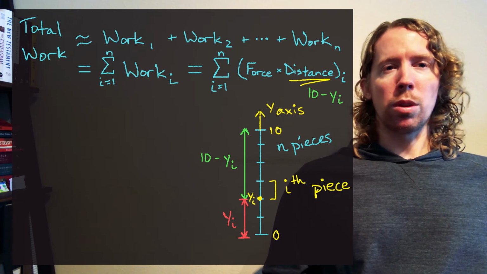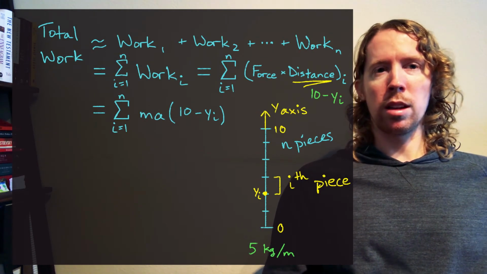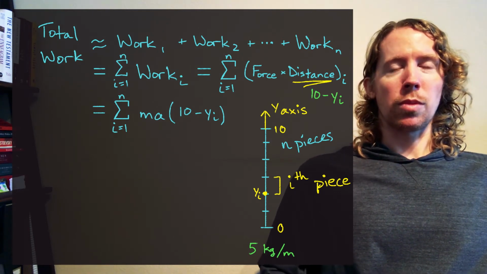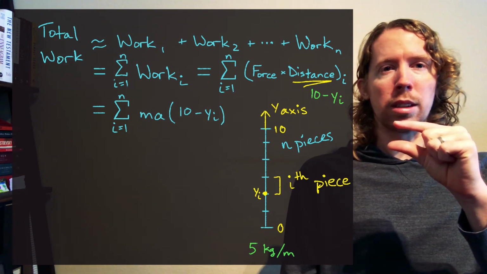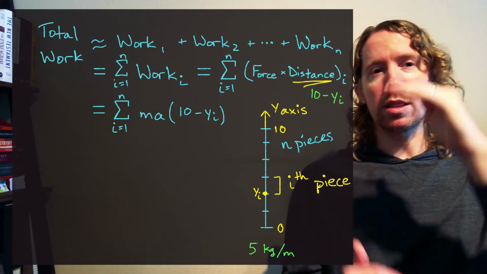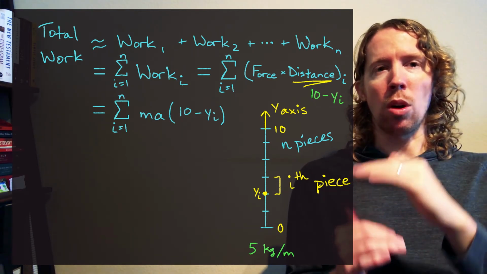And then to get the force, again, we're doing mass times acceleration. Acceleration is 9.8. The mass is, well, we have to know what the length of our little piece is. And we're cutting this thing up into n equal pieces, and the whole length is 10.